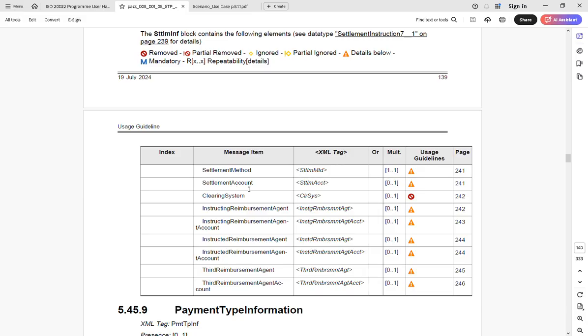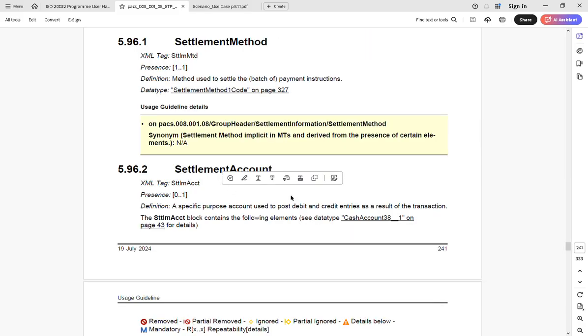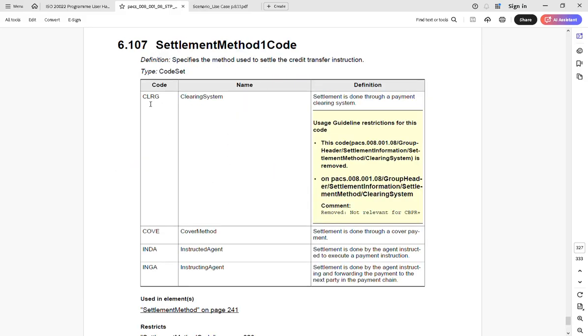Once you learn settlement method, inside settlement method we have 4 codes, which we just saw one by one: clearing, cover, INDA and INGA. We're going to see all these fields one by one.